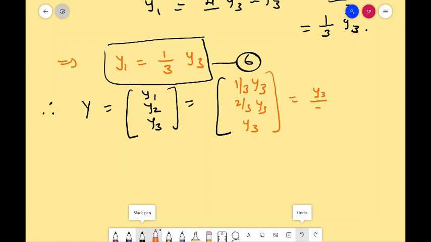If you take y3 common, we get 1 by 3, 2 by 3, 1. This is equal to k into, if you multiply by 3, (1, 2, 3).